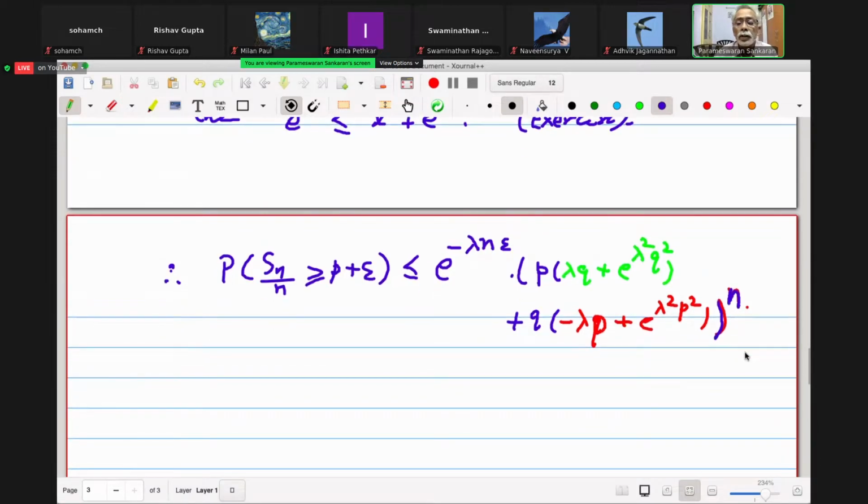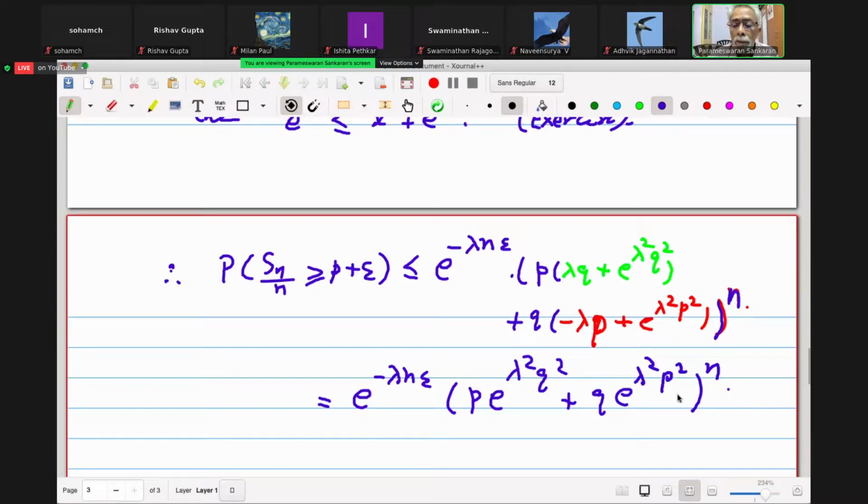Okay, now these two terms nicely cancel out, and so this we get equal to e power minus lambda n epsilon, and so p e power lambda square q square plus q e power lambda square p square whole power n.